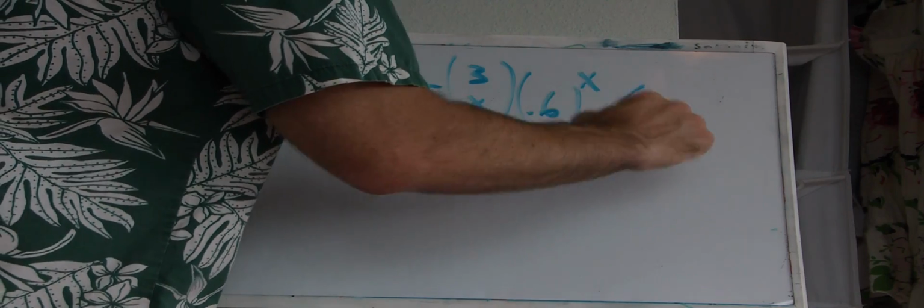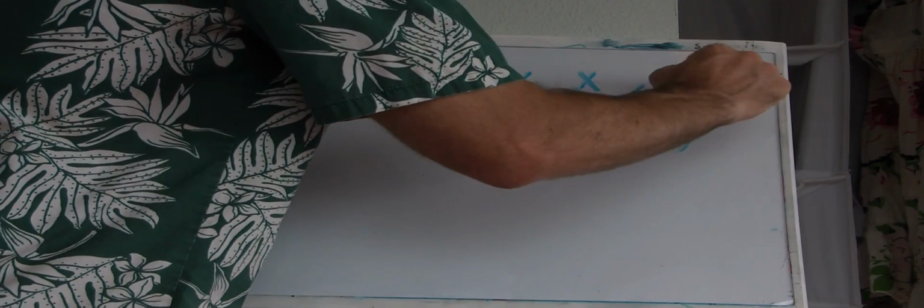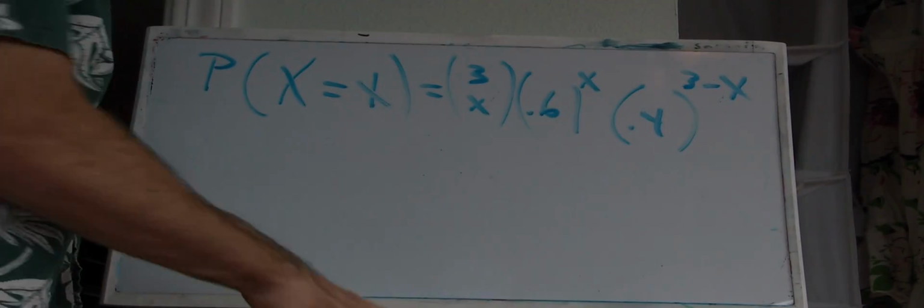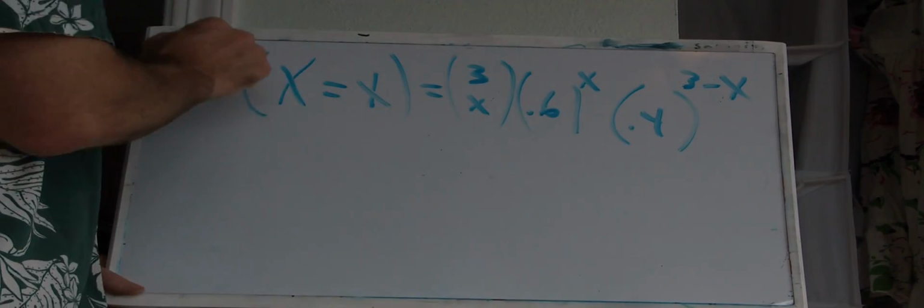In this case, it would be 3 choose x times 0.6 to the x times 1 minus that to the 3 minus x. If you are, however, a normal human being or an executive MBA, this is probably a waste of your time. But you'll see it in a book, so don't be afraid.